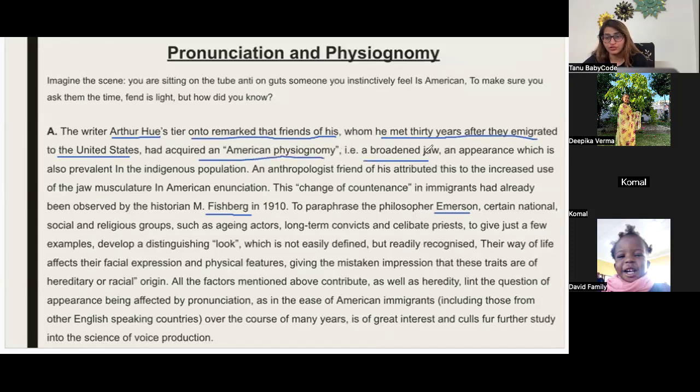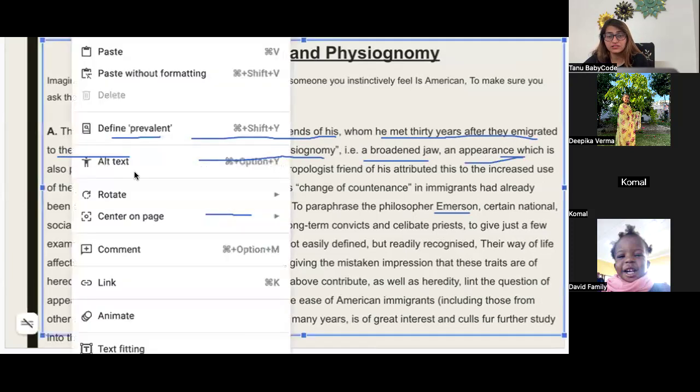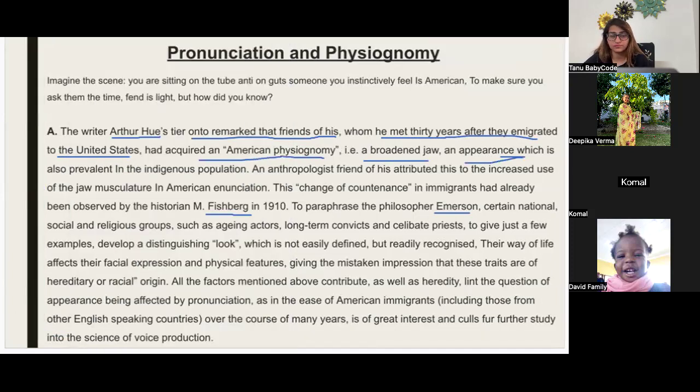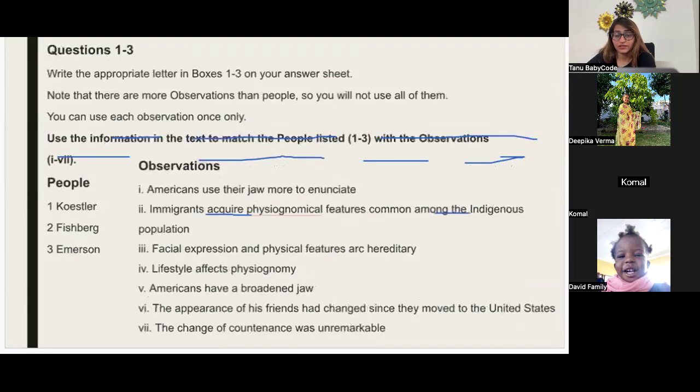That is a broadened jaw and appearance, which is also prevalent in the indigenous population. So what do you think he talks about? Check all the observations. What he talked about. What is Koestler talking about?